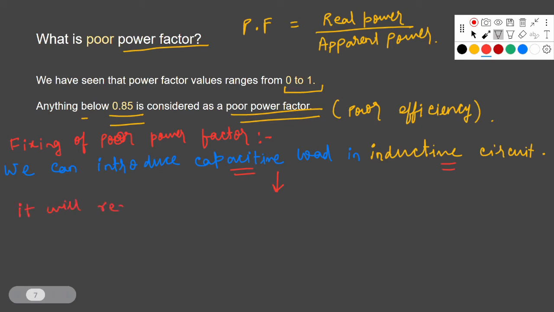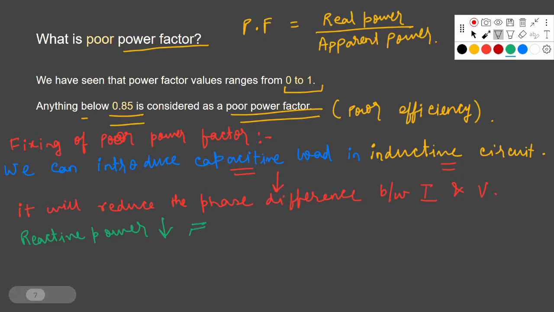It will reduce the phase difference between current and voltage. And if it does so, what will happen? The reactive power component value will decrease.